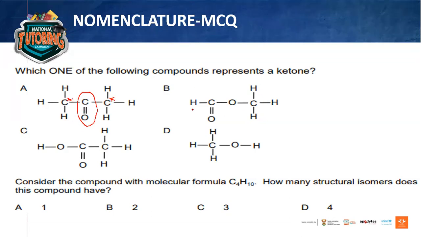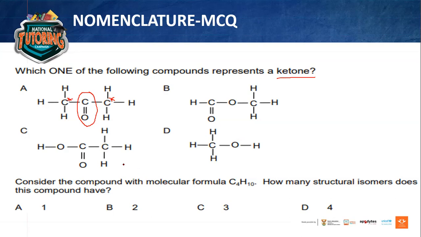Option B, not a ketone. Remember, with ketones, we also deal with 1 oxygen. So B is wrong. It has 2 oxygens. Furthermore, by just examining it, my dear learners, we can see that this option B belongs to an ester. We want a ketone.